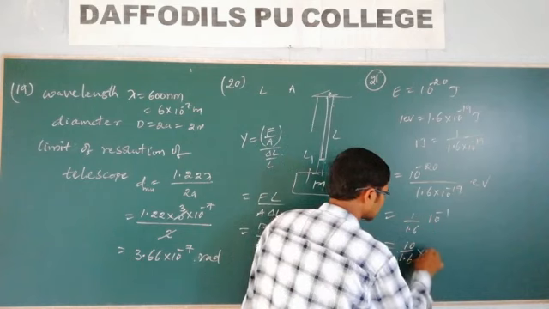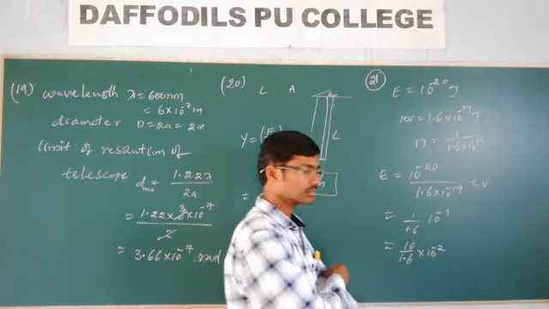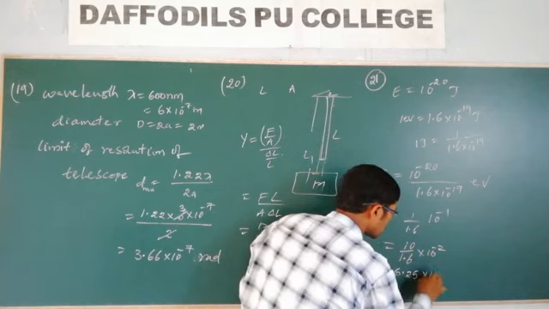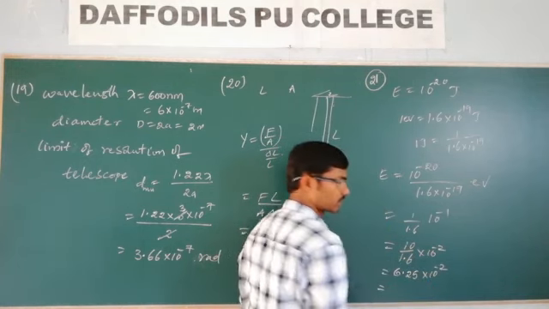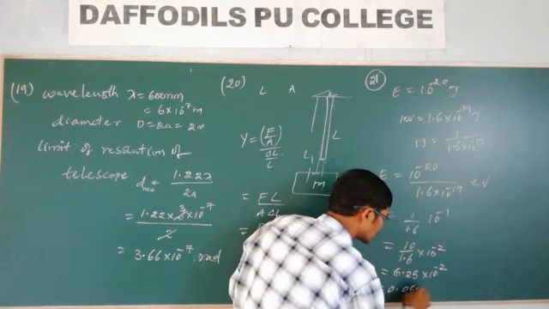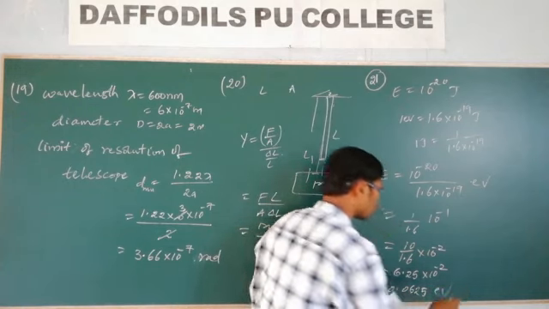Now 10 power minus 19 goes to the numerator as plus 19, then 10 power minus 1 by 1.6, that is equal to, you multiply and divide with 10. So 10 by 1.6 into 10 power minus 2.